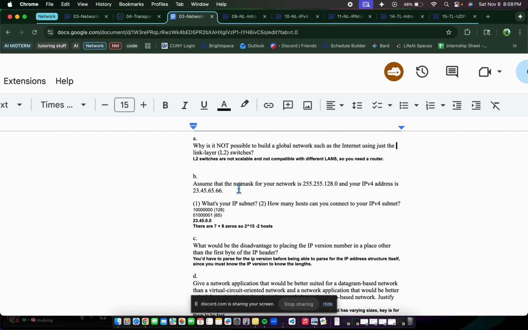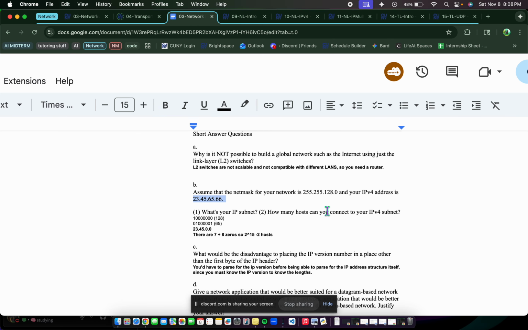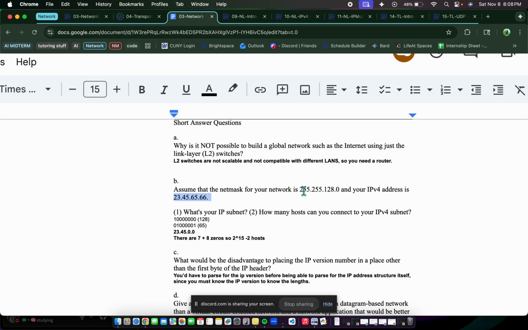Okay, assume that the net mask for your network is 255.255.128.0, and your IPv4 address is 23.45.65.66. What's your IP subnet? How many hosts can you connect to on your IPv4 subnet? Anytime you see 255.255, we know the first 2 bytes are going to be our subnet.